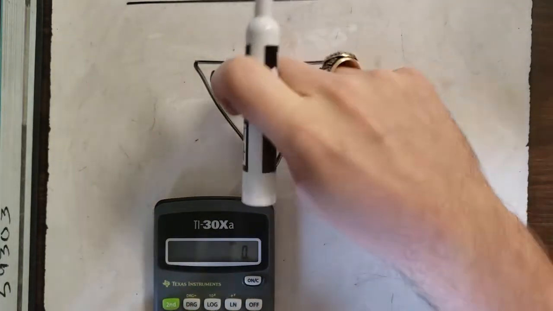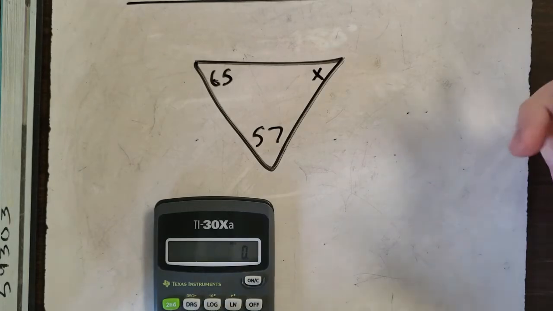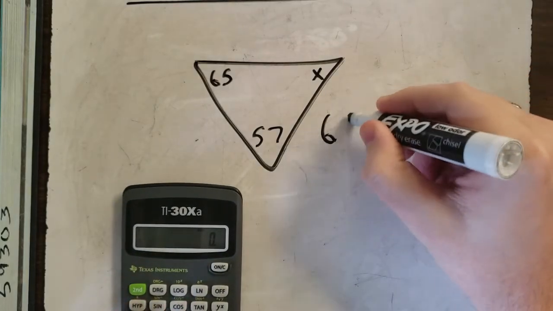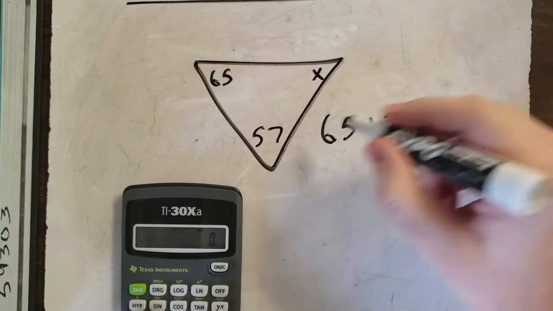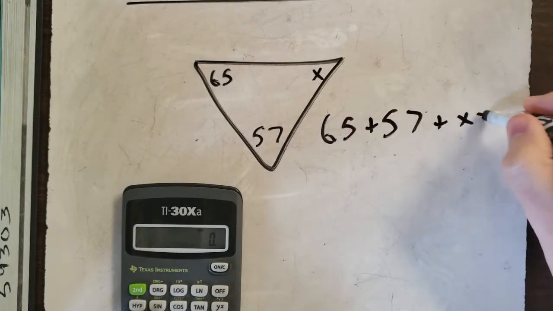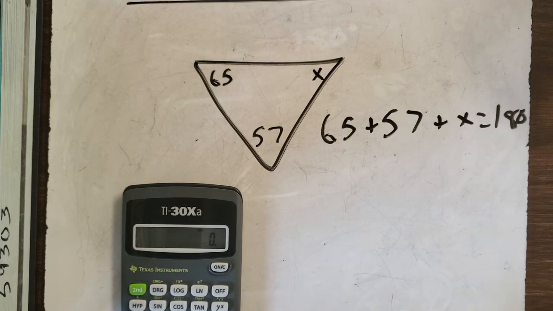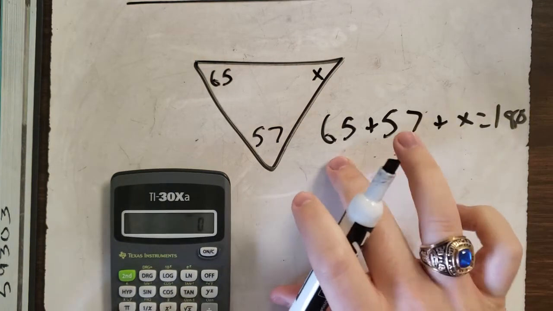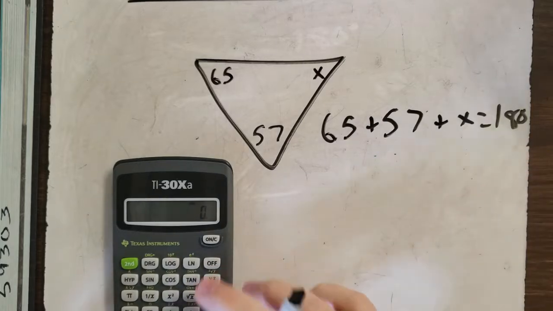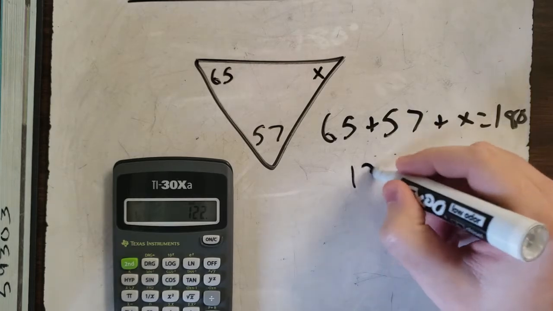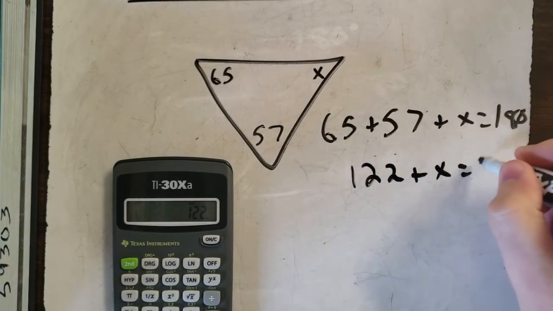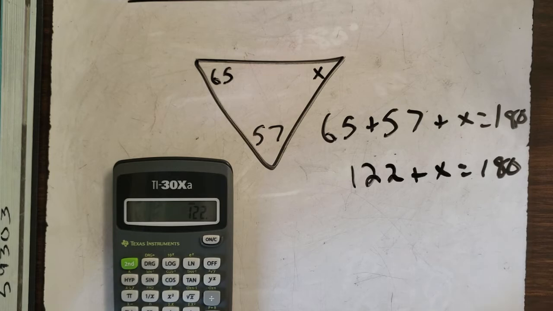We know all three angles have to equal 180, which means that angle plus that angle plus that angle equals 180. So all you have to do is add up the angles you have, 65 plus 57, and we get 122, and you bring down everything else.